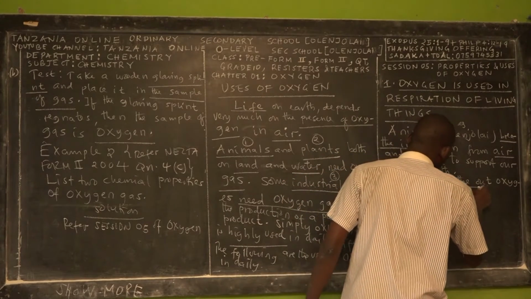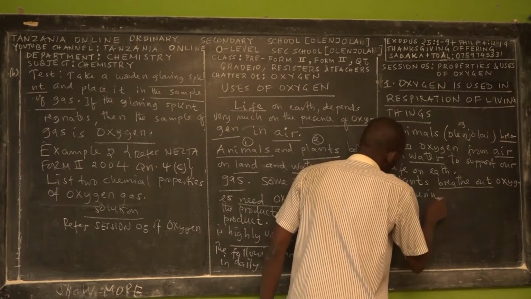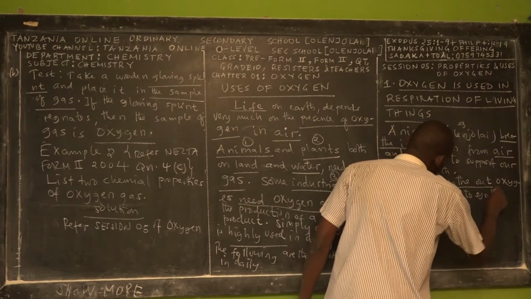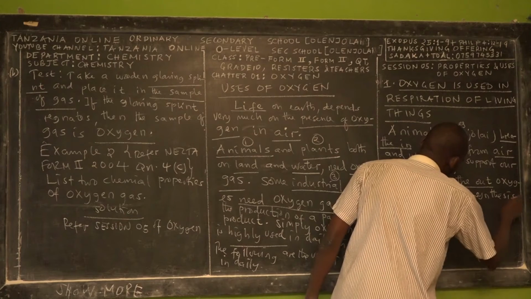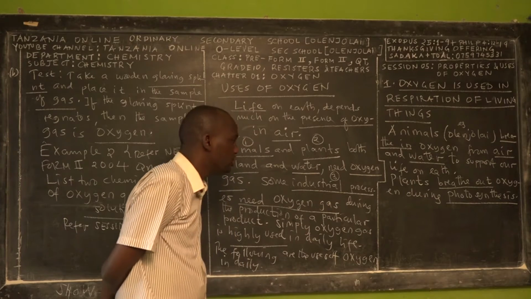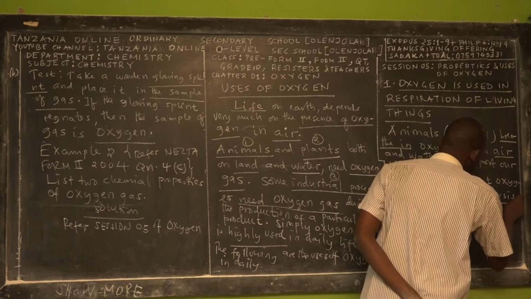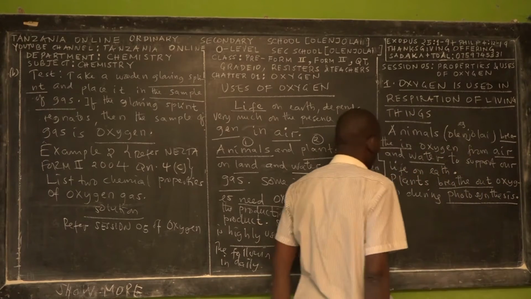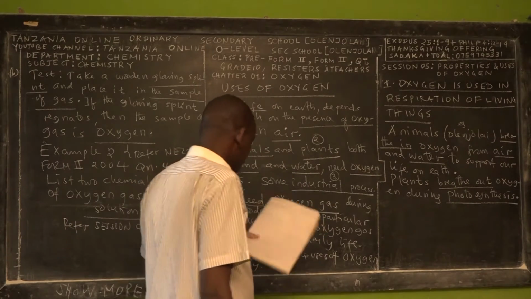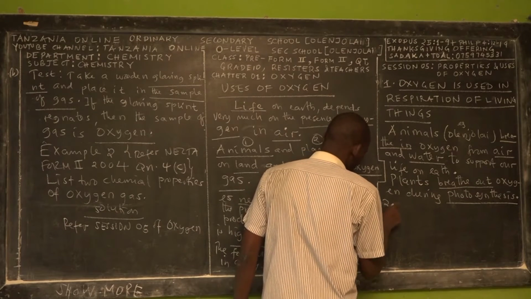Plants breathe out oxygen during the photosynthesis process. That's all. Then we go to the second use of oxygen.